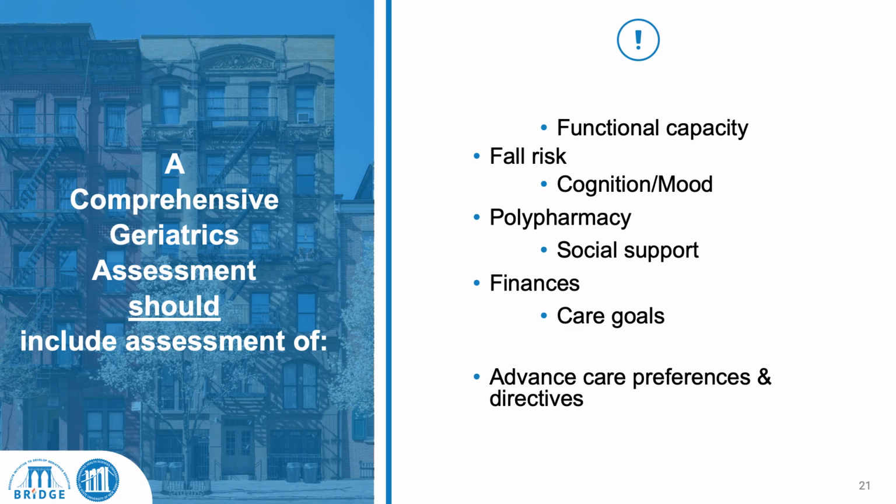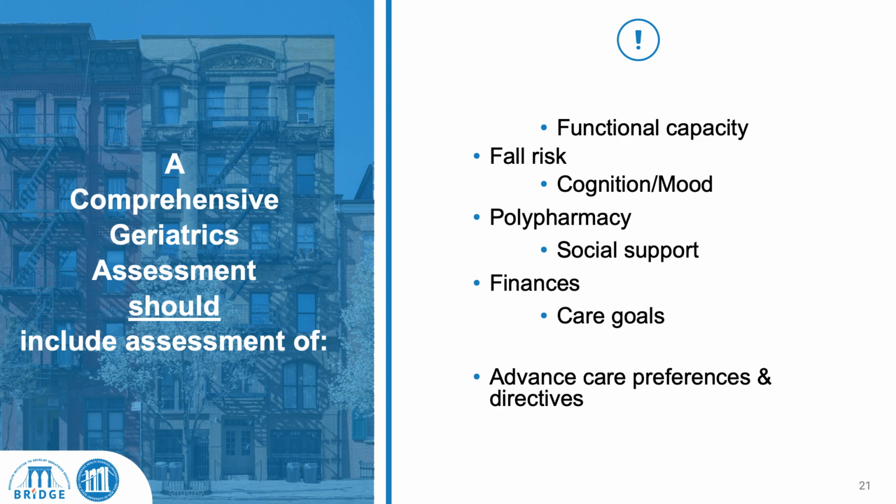A comprehensive geriatric assessment should include assessment of functional capacity, again, their ability to complete their activities of daily living by themselves or with assistance or with supervision. Also their independent activities of daily living. An assessment of their fall risk, their cognition or their mood disorders or lack thereof.